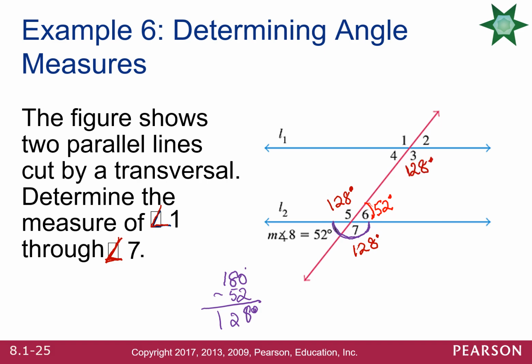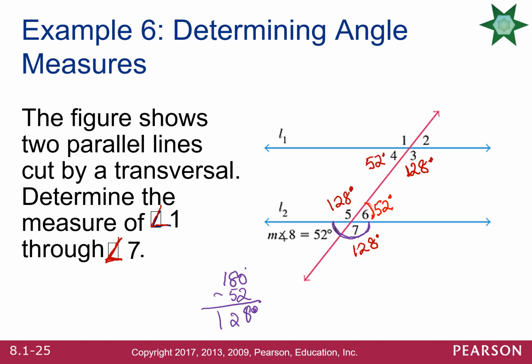They are interior because they are on the inside of the lines, and alternate because they are on opposite sides of the transversal. Same thing for 4 and 6. Those are the other set of alternate interior angles, so they will be equal. So if angle 6 is 52 degrees, 4 will also be 52 degrees.